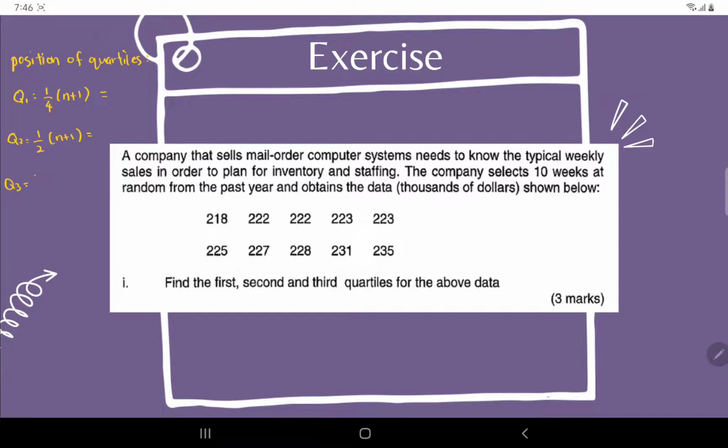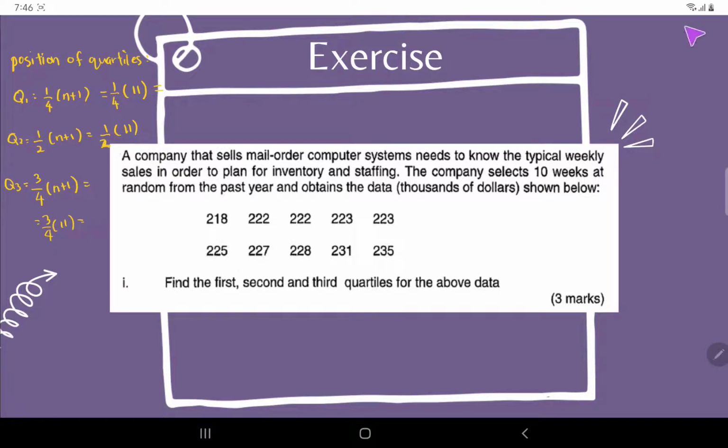Q3 is 3/4 times n plus 1. So our n is 1, 2, 3, 4, 5, 6, 7, 8, 9, 10. 10. So 1/4 times 11, 1/2 times 11, and 3/4 times 11.